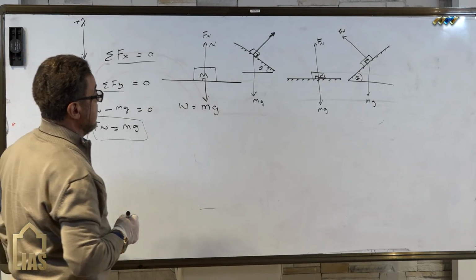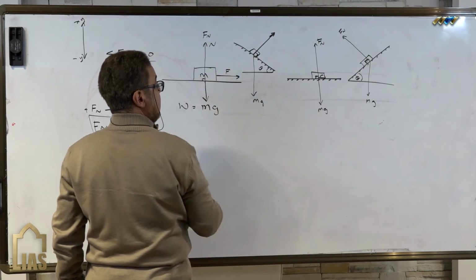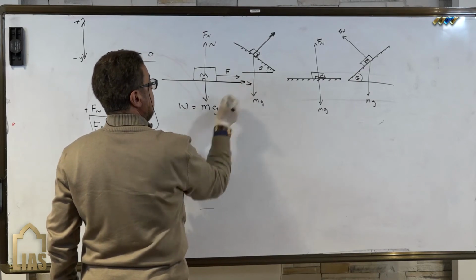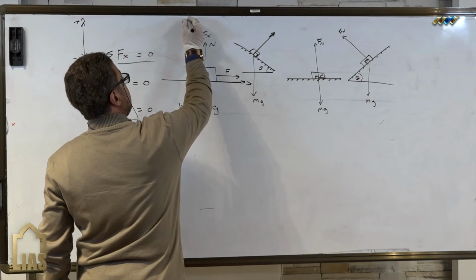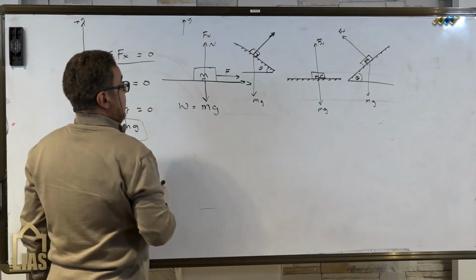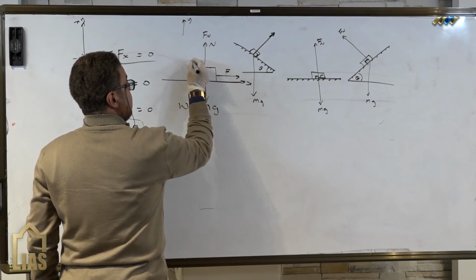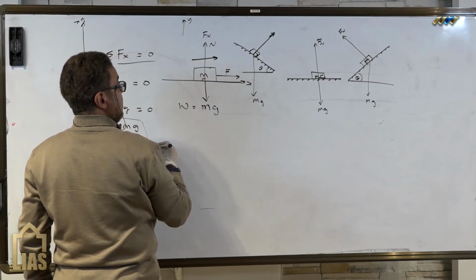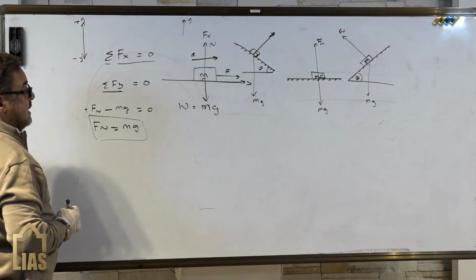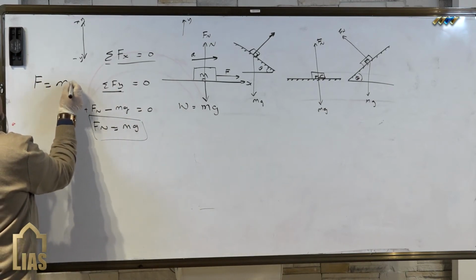If we have a force F in the direction of x, and this is the direction of y, that's why I said sigma Fy. If this force acts on a mass and gives it acceleration, then F is equal to ma.